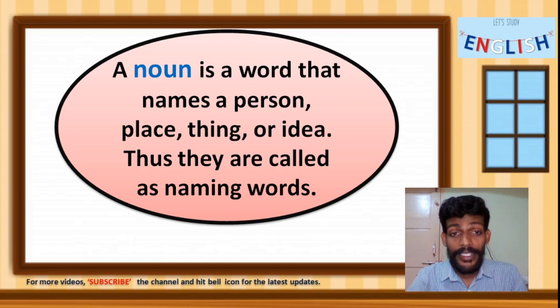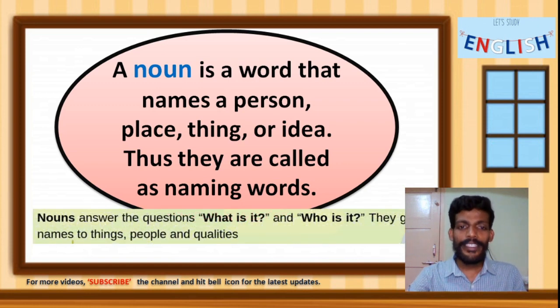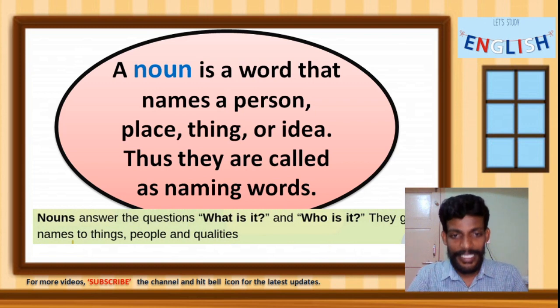But what do they name? They name a place. Sometimes they may name a thing or idea or a person. And these naming words usually answer the questions: what is it, who is it, and where is it.